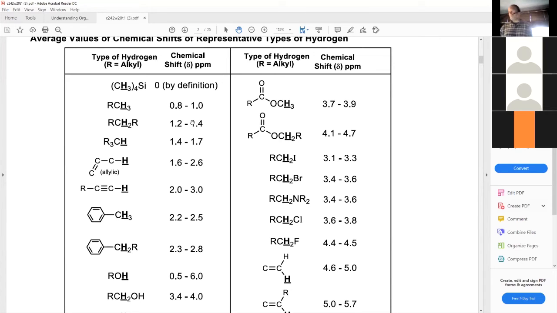You say, oh, what could be at 3.5 in a molecule with a nitrogen? And then you say, oh, there's a nitrogen on a carbon, and that hydrogen on that carbon that also has the nitrogen would be around 3.5. So it's useful information, isn't it?